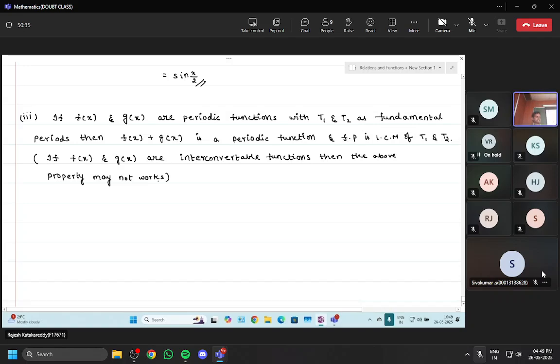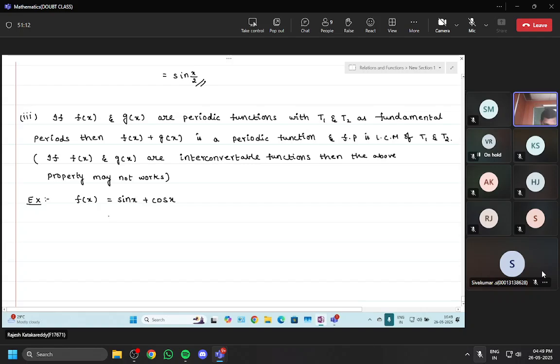There are some restrictions for the above property, right? So now, first I'll give you an example where it works, then I'll give you an example where it won't work. F of x equals sin x plus cos x. Here it will work perfectly. There is no doubt in that. Two functions are there in addition, sin and cos, and the LCM between 2 pi and 2 pi is defined, that is equal to 2 pi only.